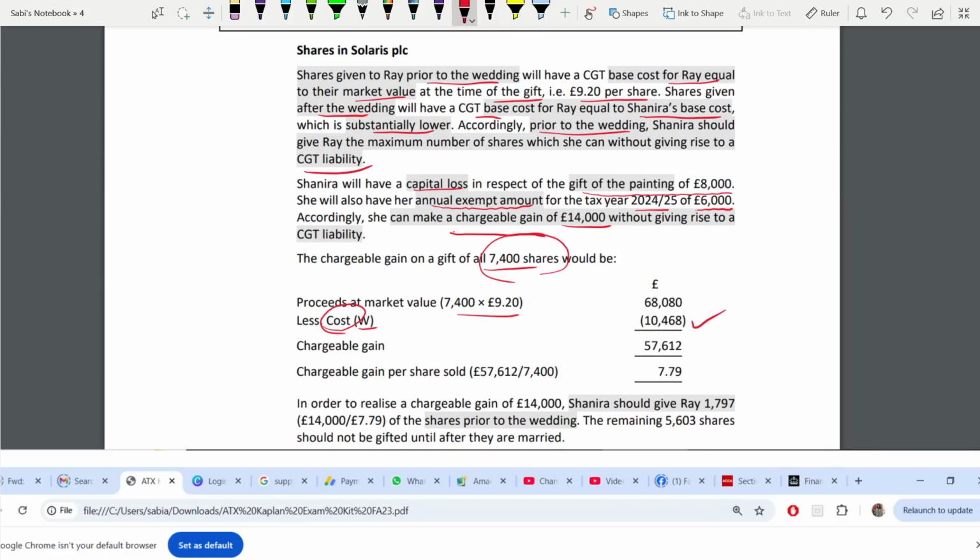And then we are going to get the gain, and that gain we are going to divide by 7400 shares. So this is the chargeable gain per share, 7.79. How much gain do you need? 14,000, right? So 14,000 when you divide by this 7.79, why are we doing this? Because we want to find the number of shares. We are working backwards.